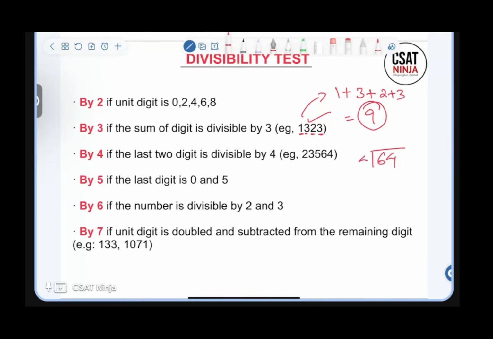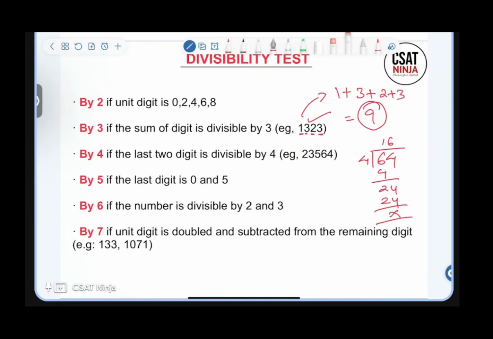Let's check. 4 ones are 4, and 4 sixes are 24. Since the remainder here is 0, which means that 64 is completely divisible by 4, which means this number 2323564 is divisible by 4. Are you following that? The last two digit, okay?